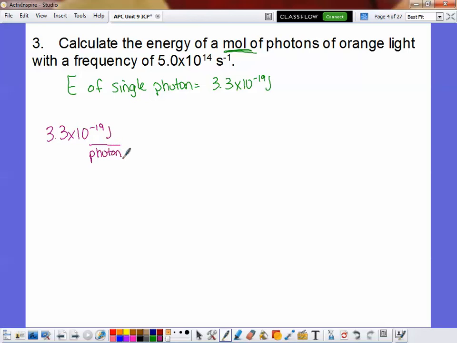Because that is the energy for one photon, per photon. Okay? So we're going to convert photons to moles. So, mole over nope, I'm doing that wrong. Photons over 1 mole. How many photons are in a mole? 6.02 times 10 to the 23rd. Because you can think of a photon as a particle, which is why you can use Avogadro's number. So you're just going to multiply the energy for a single photon by Avogadro's number to get the energy for a mole of photons.